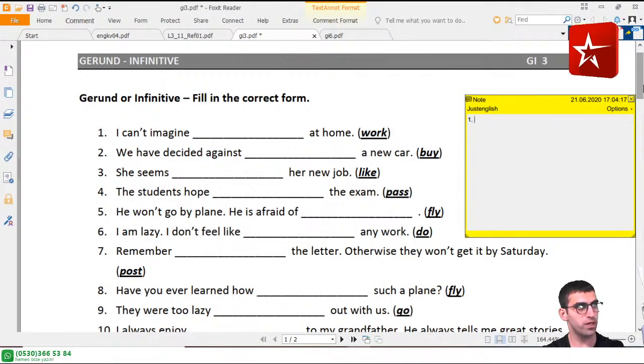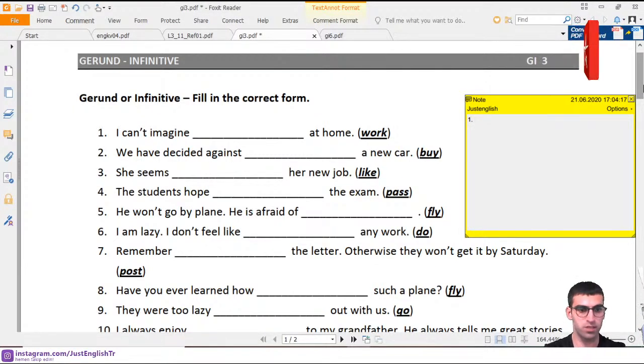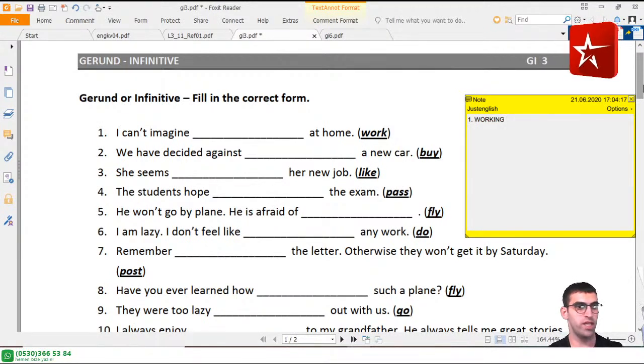Let me check your answers. I can't imagine working. Yes, working is the correct answer, because after can't imagine we have to use a gerund. Working at home is the correct answer for number one.